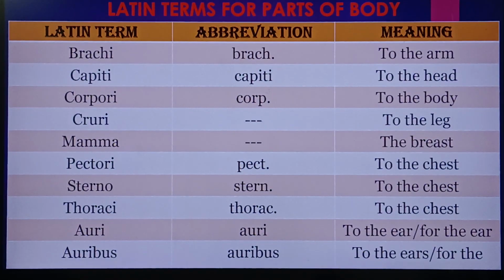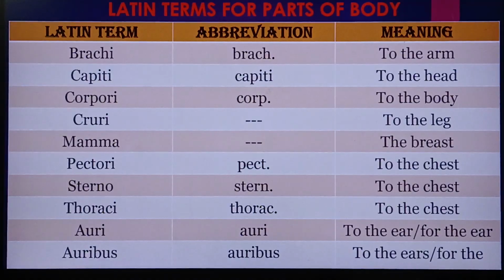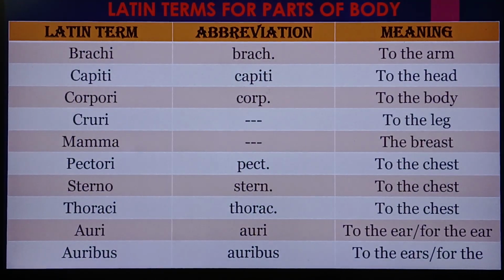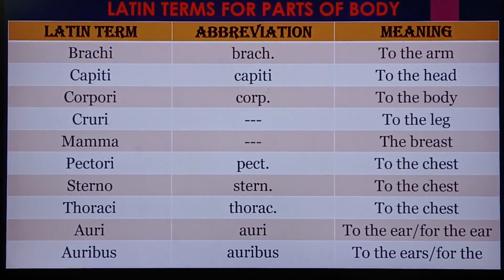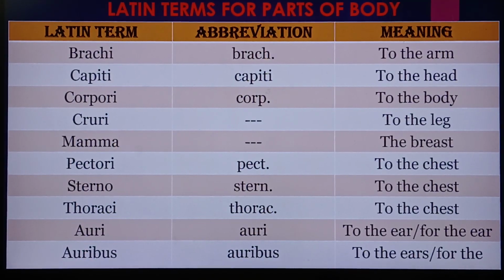Now the Latin terms for the parts of our body. First is brachio, brach, to the arm; capiti, capit, to the head; corpori, corp, to the body; cruri, to the leg; mammae, mam, to the breast; pectori, sterno and thoraci are to the chest; auri, aur, to the ear or for the ear; auribus, to the ears or for the ears.